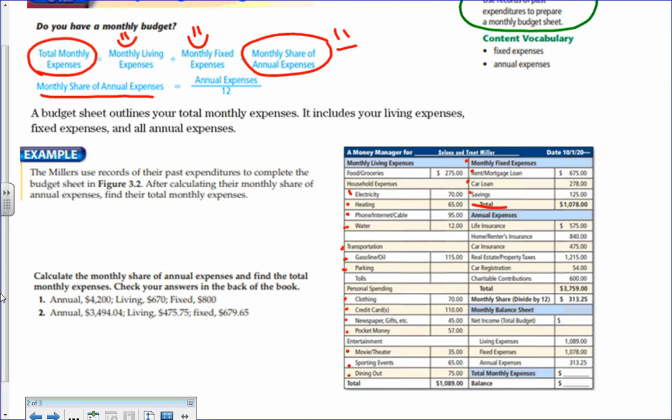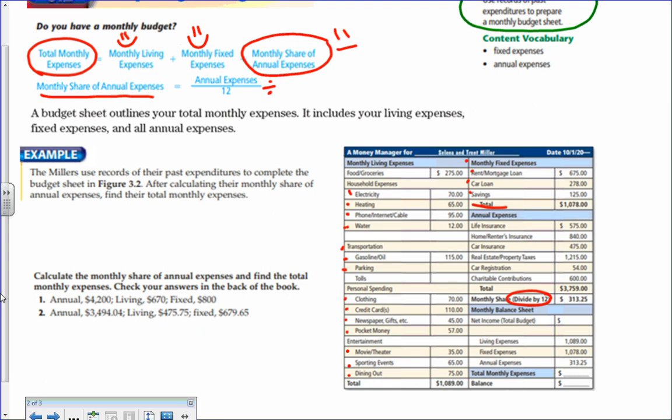Take your annual expenses like your insurance amount, your car registration, your property taxes, all that shenanigans. Add it together and then divide by 12. Once it's divided by 12 and we've chunked it up into a monthly amount, we can add it to our monthly expenses.